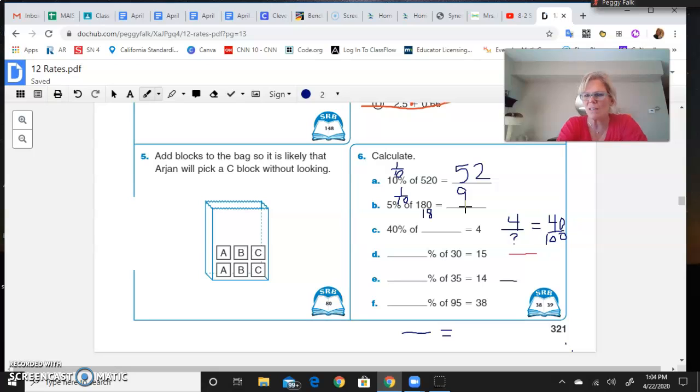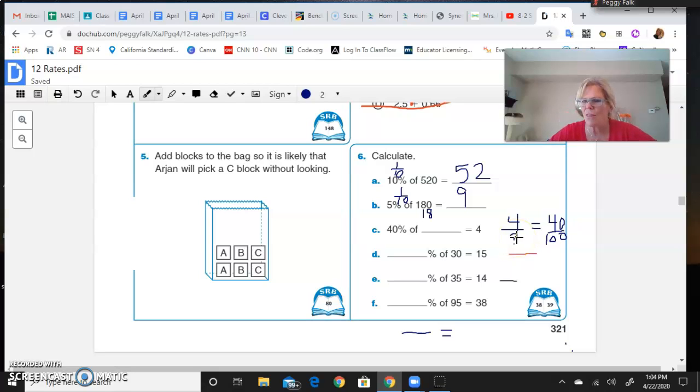Now, C, D, E, and F. There's more than one way to solve these. I set up number 4 as 2 fractions, and they need to be equivalent. So in order for us to find what number 4 is going to be 40% of a number. All right, so 4 is 40% of this number.